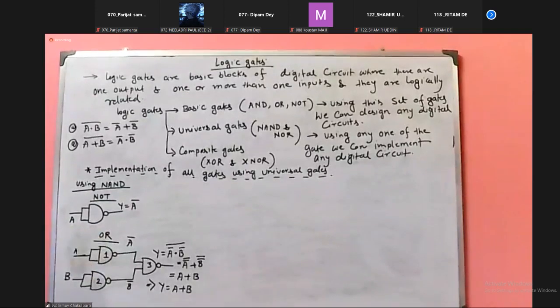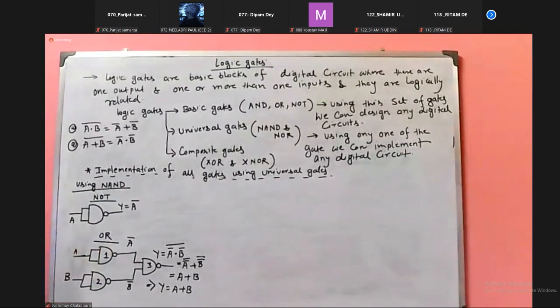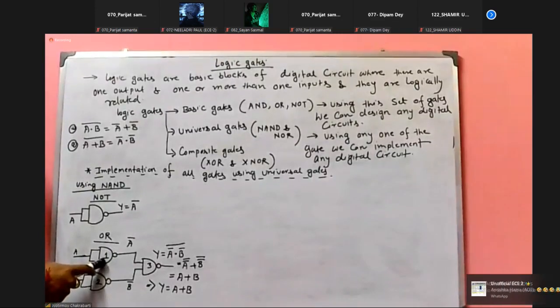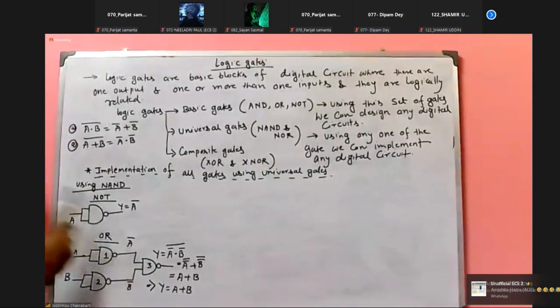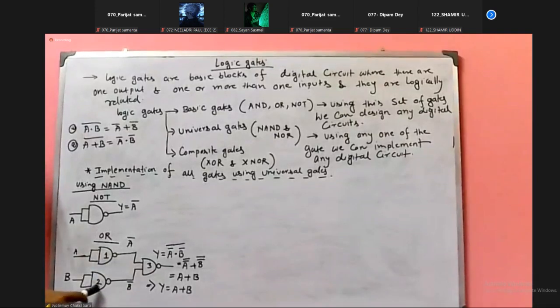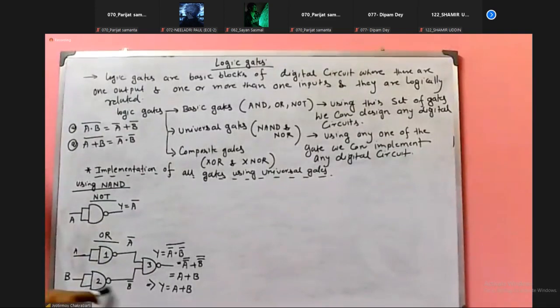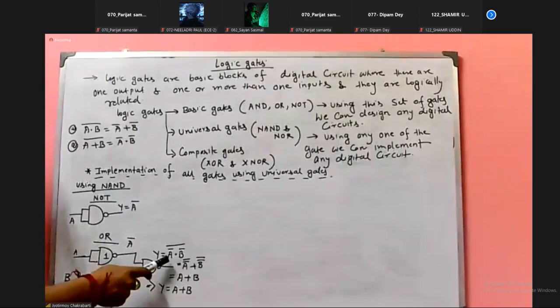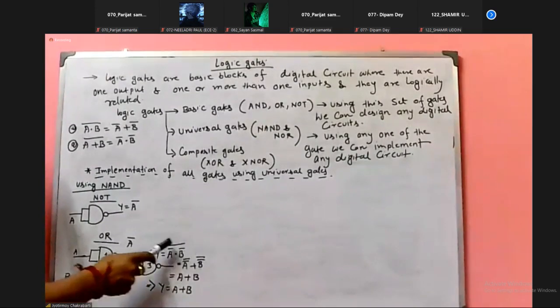Now what is OR? I have used this concept. I have used this NAND gate 1 to make an inverter, that is A bar. I have used NAND gate 2 to make an inverter, that is B bar. Then these outputs are connected to another NAND gate, and that is giving us A bar dot B bar whole bar.